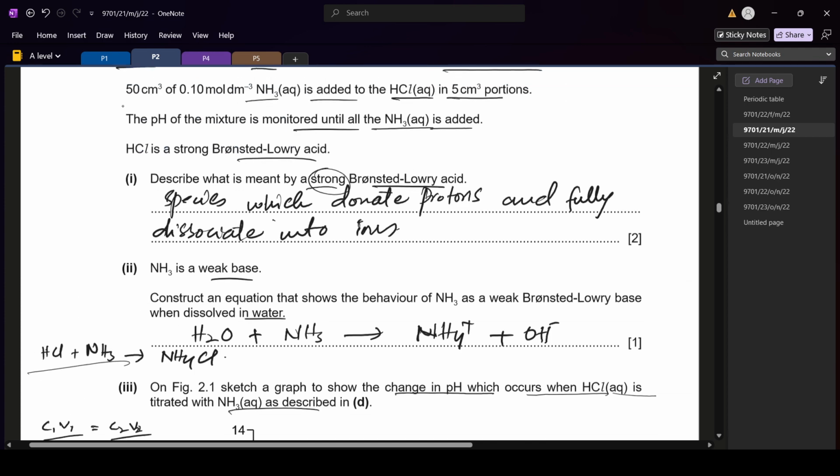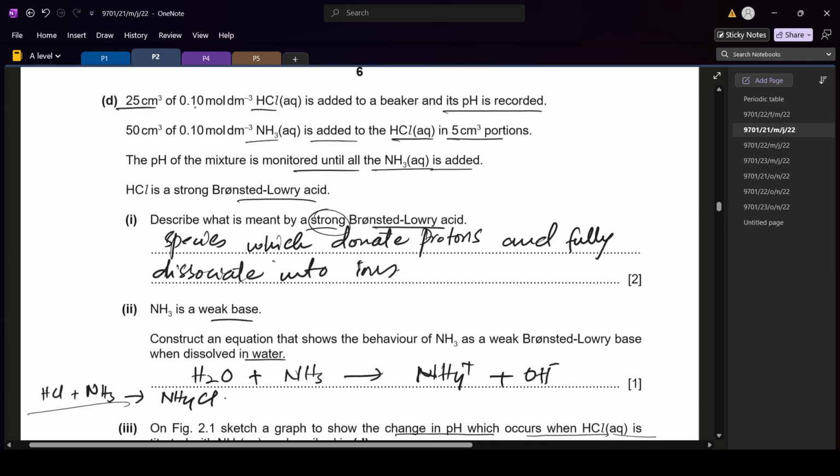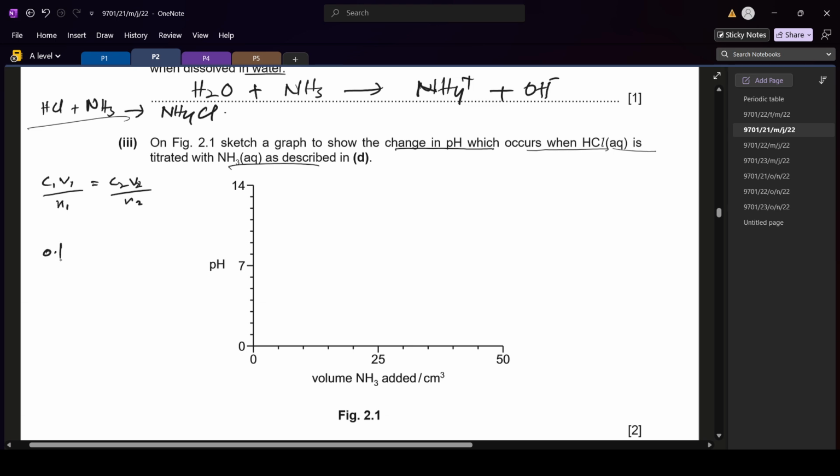Okay, so what was the concentration of HCl? 0.1 multiplied by 25 upon 1 is equal to 0.1 multiplied by x. X is the volume of ammonia required to neutralize.